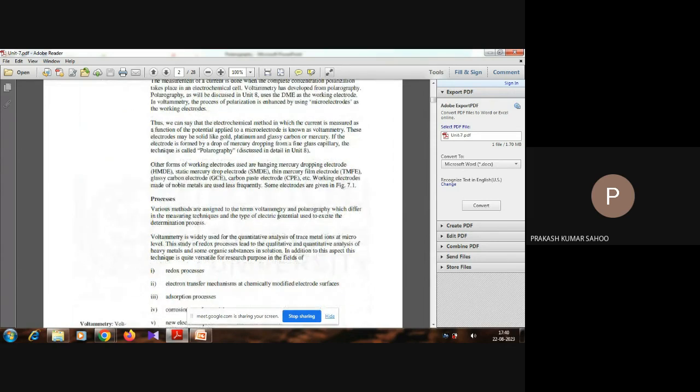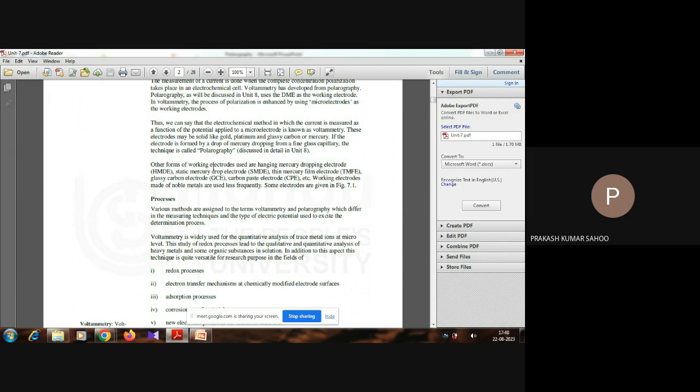So here we have some electrodes generally used as working electrodes. They are the hanging mercury drop electrode, HMDE, the static mercury drop electrode, SMDE, the thin mercury film electrode, TMFE, then glass carbon electrode, GCE, and carbon paste electrode, CPE.